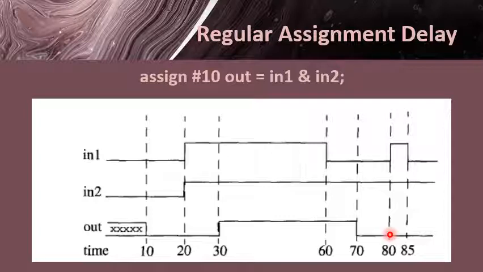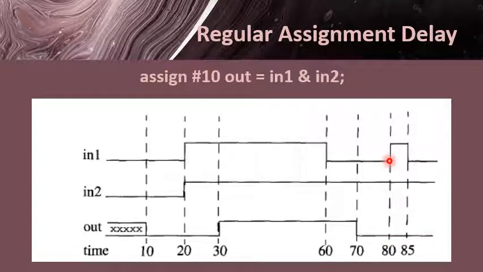This is what you have specified in the regular assignment statement, the delay assignment. So 80 plus 10, at 90, the output will come out. But at 90, if you capture the input values, again they are 0 and 1, for which the output is 0 only. So why has this happened?